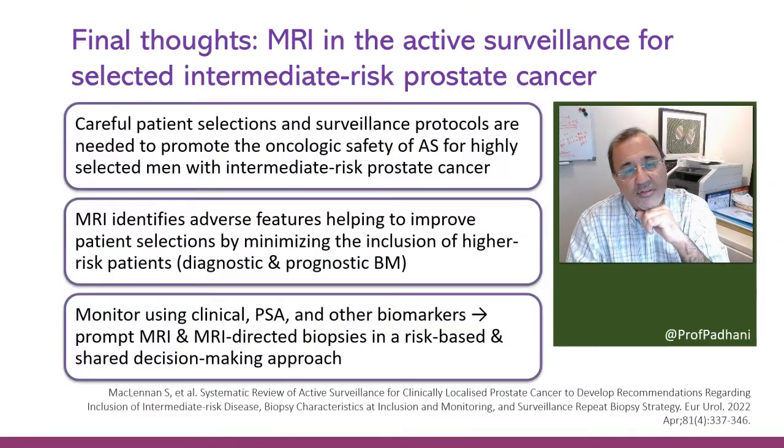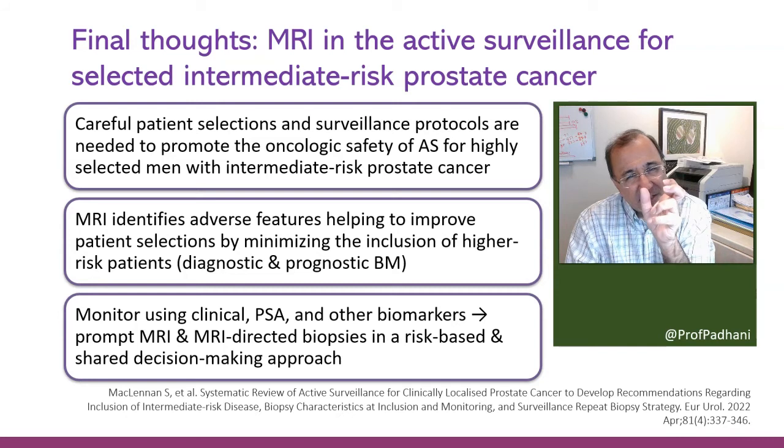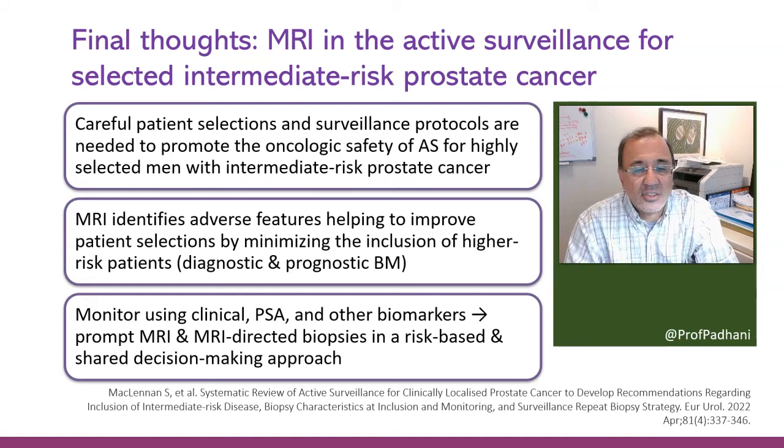So here are my final thoughts. Careful patient selection and surveillance protocols are needed to promote oncological safety in this slightly higher risk group, this small subgroup with intermediate risk prostate cancer that you are trying to triage more carefully. I've tried to show you that MRI in fact identifies adverse features, so it helps you improve patient selection.